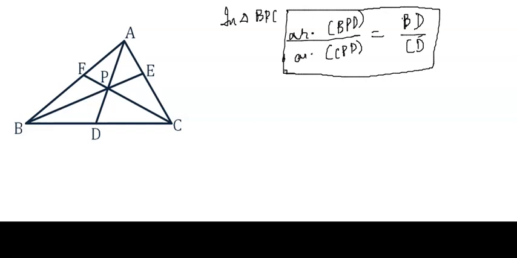So the area of BPD upon the area of CPD is BD by CD. Let us call this equation 1.